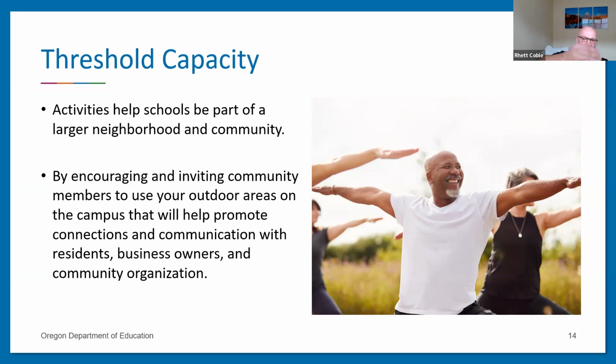So if you have these little barriers set up, most likely they are going to skip past you and go somewhere else that's going to be an easier target for them. So getting community members out here using your property is a real beneficial thing. It's the picnic benches, yoga classes, Little League activities, sports activities afterwards. It's all things that will have your property used on a regular basis.